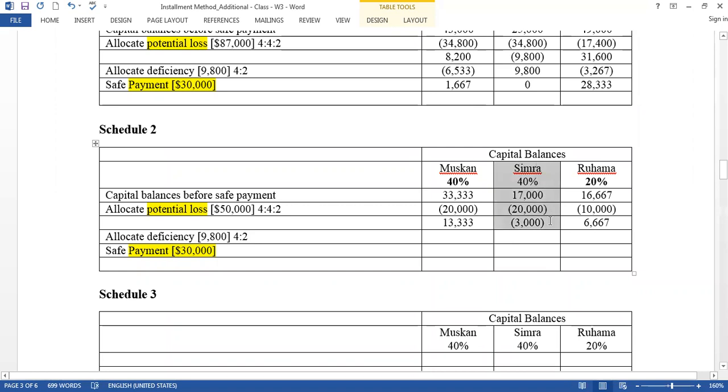Again, Shimra does not have the ability to bring cash from her personal account because although she has the capital deficiency, our assumption is that she is insolvent. If she is insolvent, Muskan and Ruhama are going to share the capital deficiency with her.